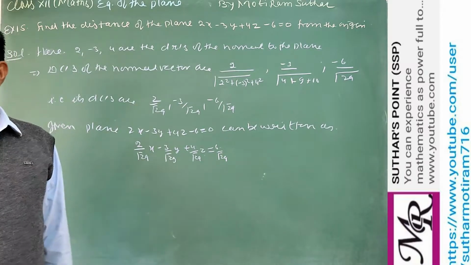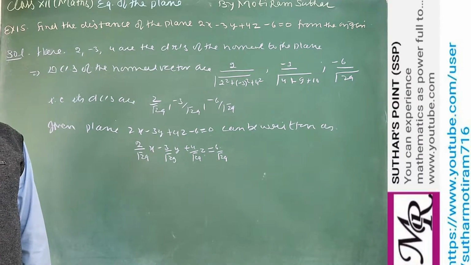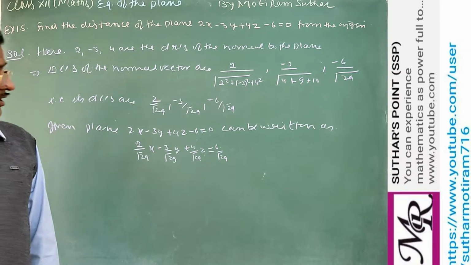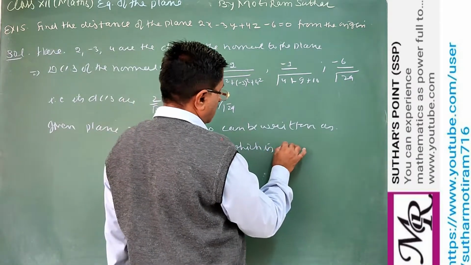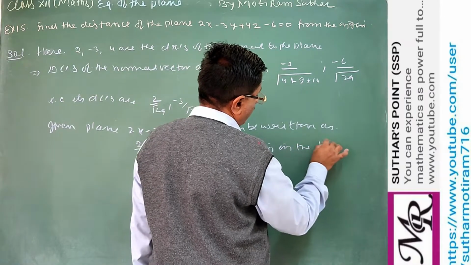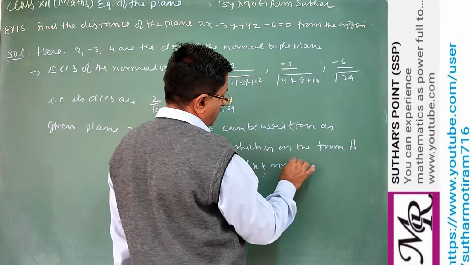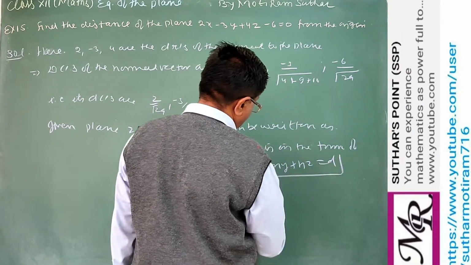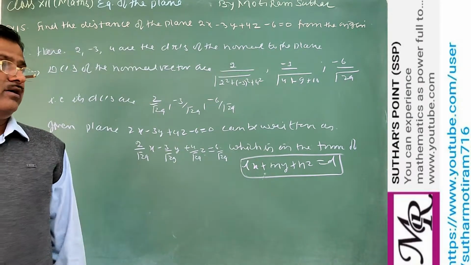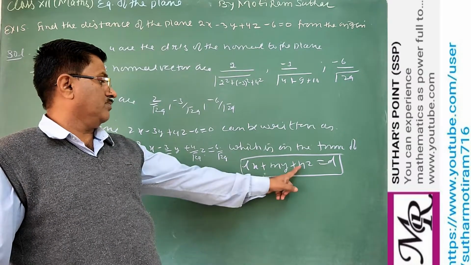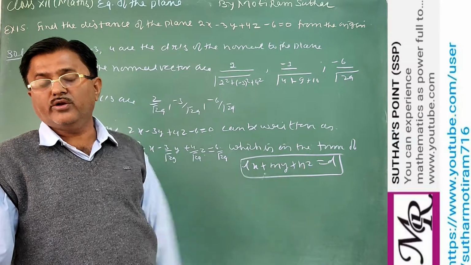Dear student, here you can see this is the standard normal form of the plane, in the form lx plus my plus nz equal to d, which is the Cartesian form of a plane in standard form, where l, m, n are called the direction cosines of the normal.